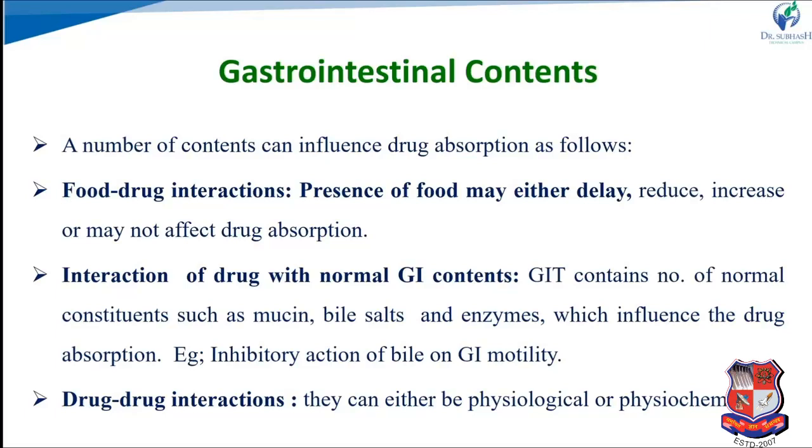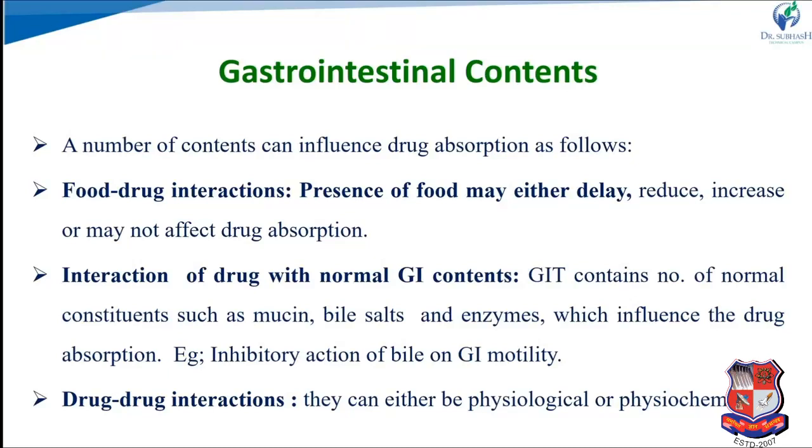Then the GI contents: gastrointestinal contents such as food, the normal GI content already present, and one drug with other drugs. A number of contents can influence drug absorption. Food-drug interactions generally may reduce, increase, or not affect drug absorption.